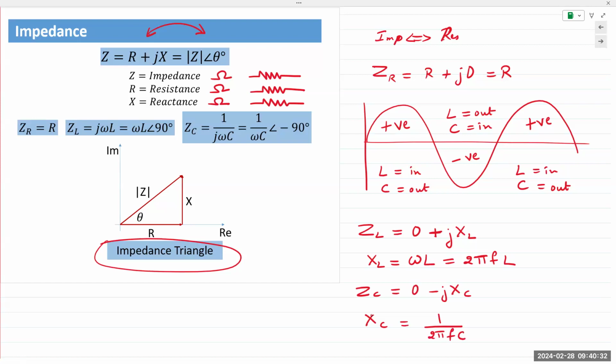The reason it's minus, you can write it as 0 plus 1 over j XC. One over j is minus j.